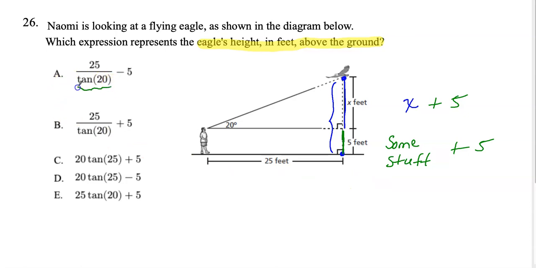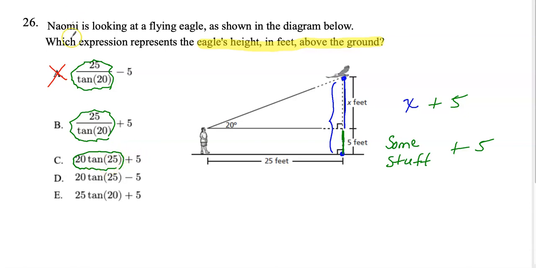So here's some stuff, right? But it's minus 5, so this would be gone. Here's some stuff plus 5, so I would keep this one. Here's some stuff plus 5, I would keep this one.